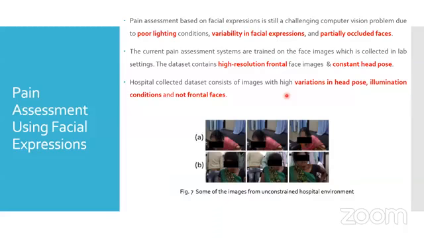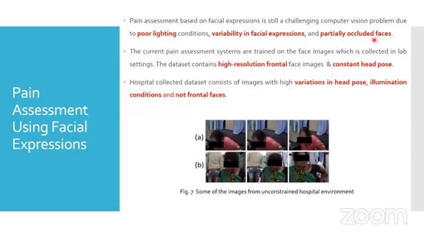Now let's come to the very first method of pain assessment, that is from the facial expressions. Facial expression based pain assessment is a computer vision problem, but it suffers from a few things like poor lighting, variability of the facial expressions, and partially occluded faces.